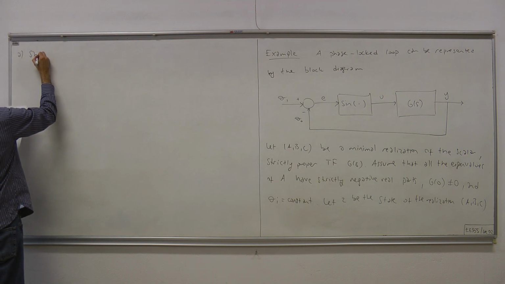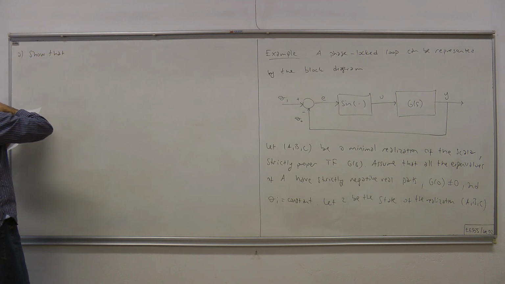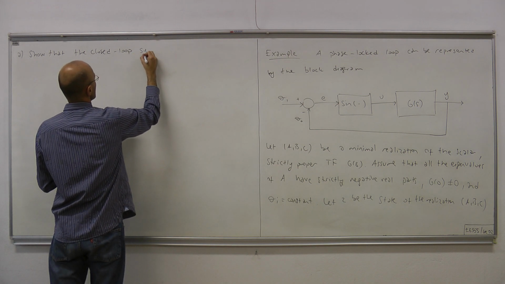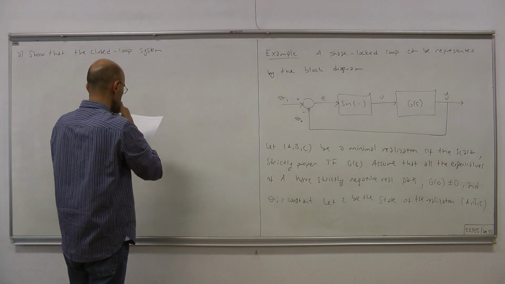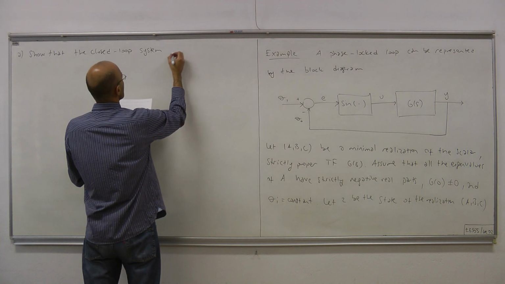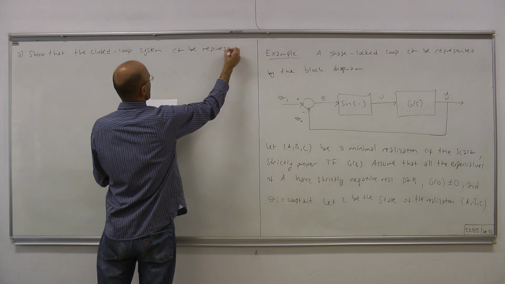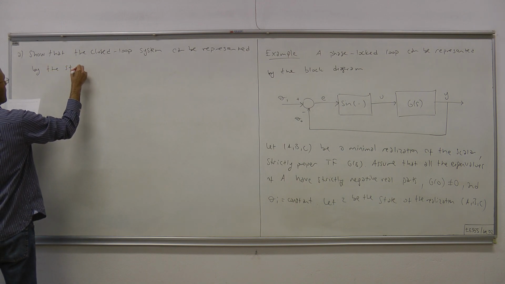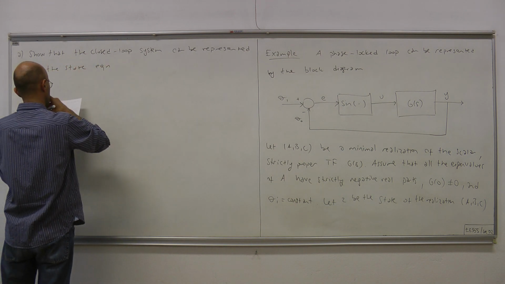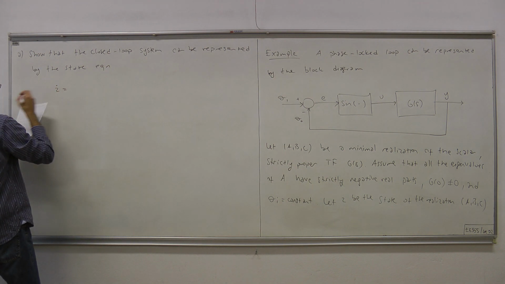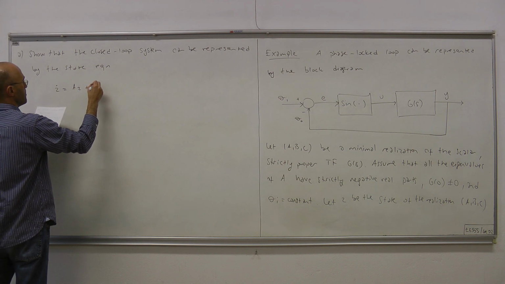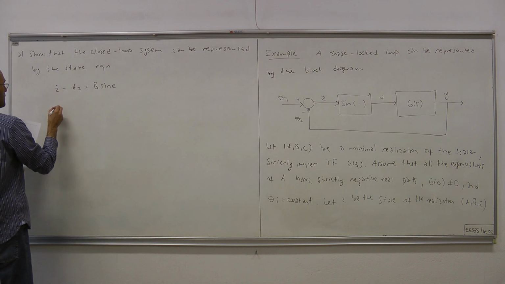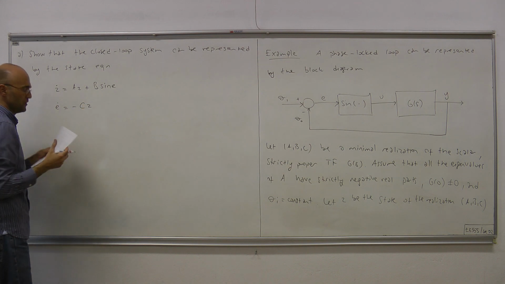A, show that the closed-loop system can be represented by the state equation: Z dot equals AZ plus B sine of E, E being the error, and E dot equals minus CZ.